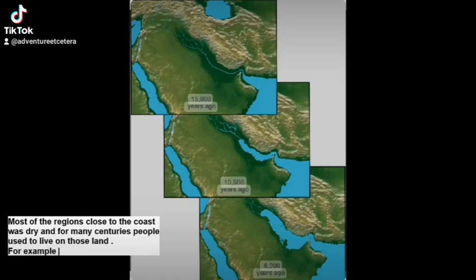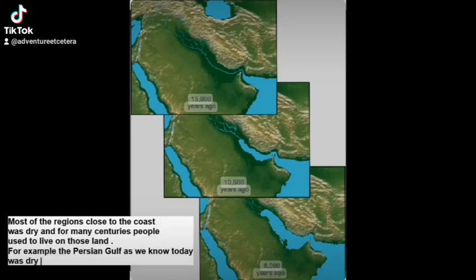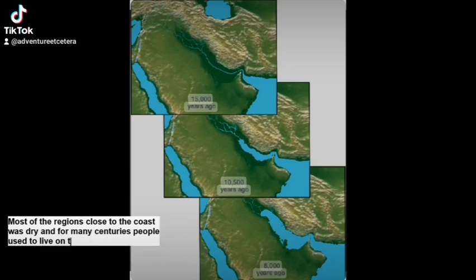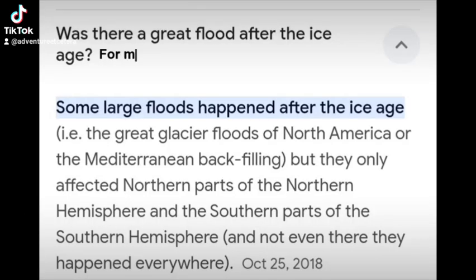Here you can see the picture of most of the regions close to the coast was dry, and for many centuries people used to live on those lands. For example, the Persian Gulf, as we know today, was dry land, and this is how it looked like for many centuries.